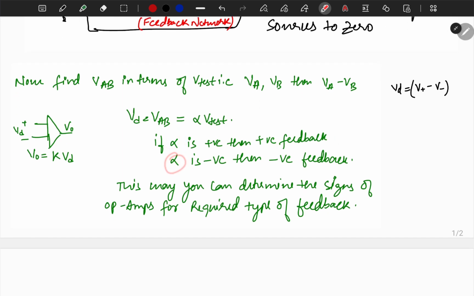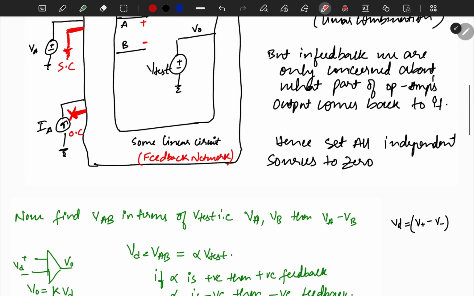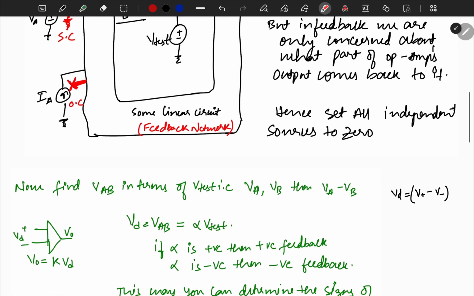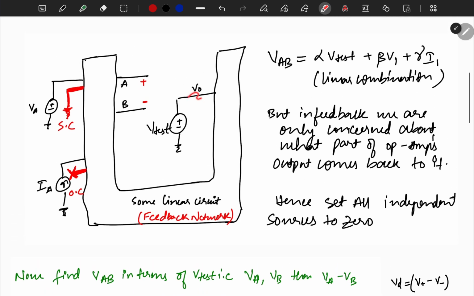When alpha is negative, what does it mean? When we apply a stimulus at V test, the linear circuit, the feedback part, is actually trying to decrease VD, the differential voltage of VAB. So what happens?